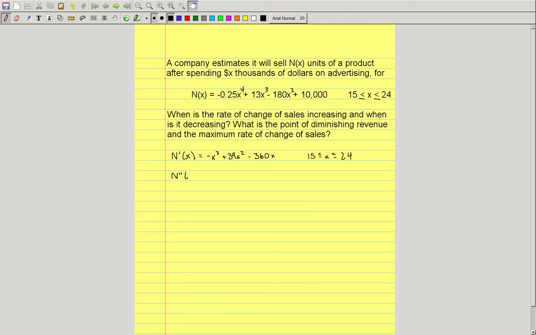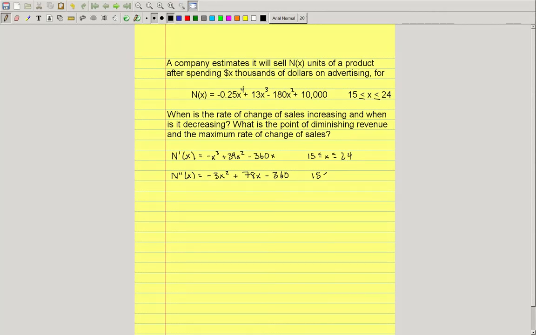Next up, we calculate the second derivative of our function. Again, we get to use the power rule, so we're going to have negative 3x squared as the derivative of the first term. We're going to have 78x as the derivative of the second term, and negative 360 as the derivative of the third term.